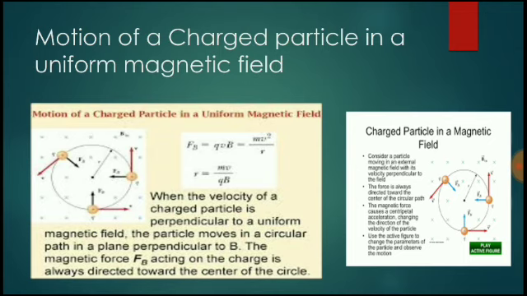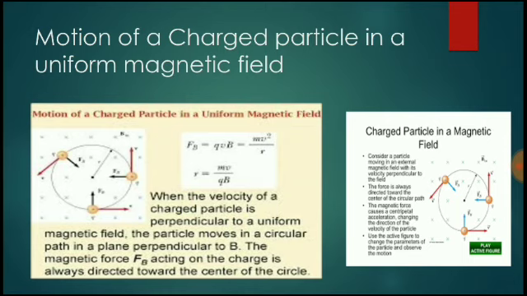It also experiences centripetal force, mv square by r, so r is equal to mv divided by qB. Therefore, when the velocity of a charged particle is perpendicular to a uniform magnetic field, the particle moves in a circular path in a plane perpendicular to B. The magnetic force acting on the charge is always directed towards the center of the circle.